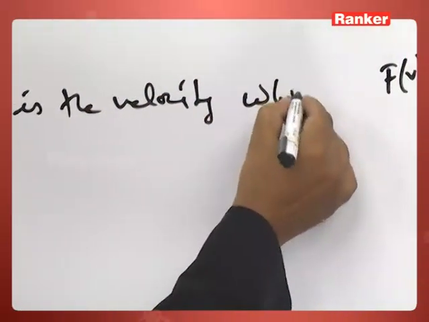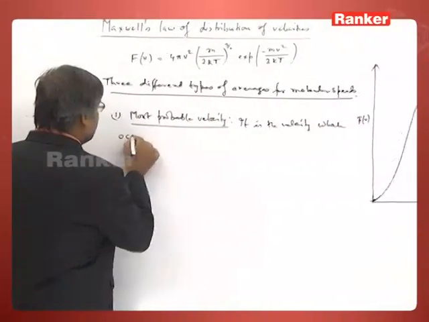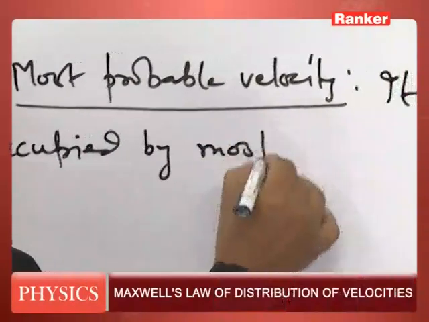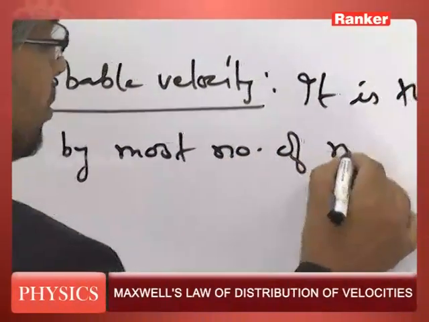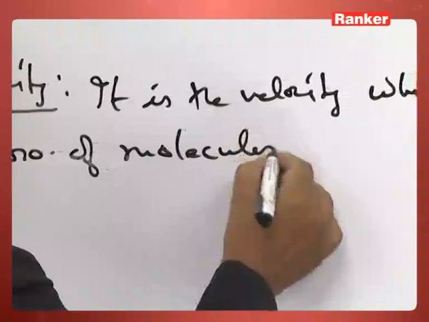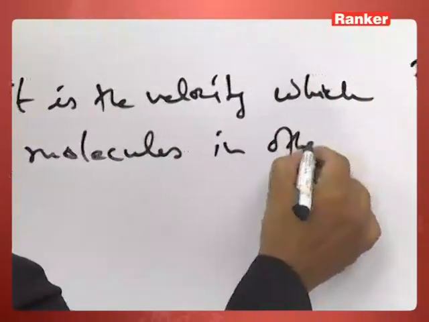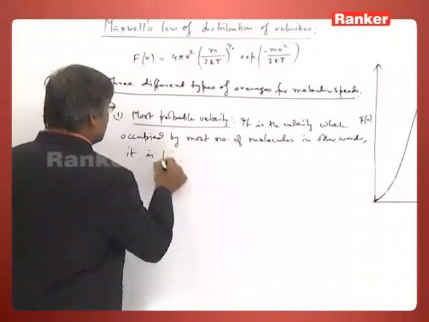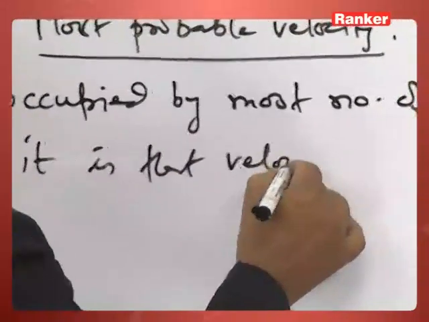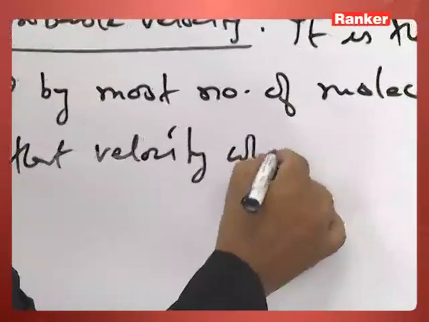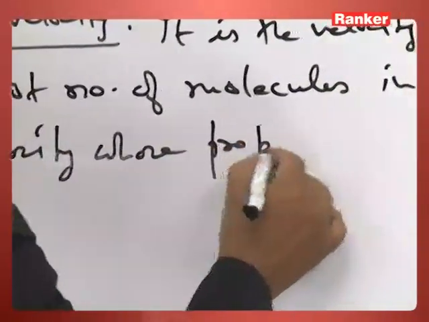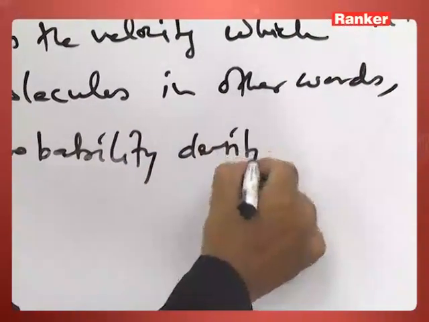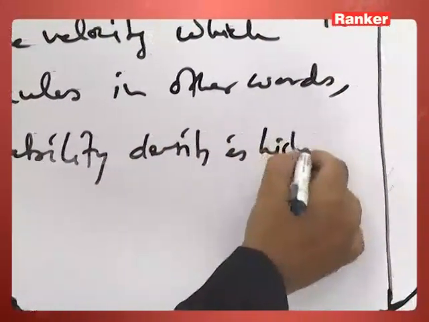In other words, it is that velocity whose probability density is highest.